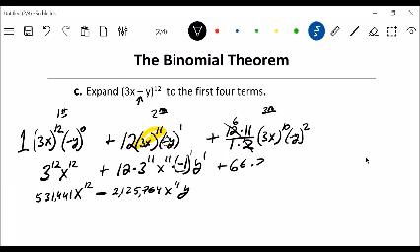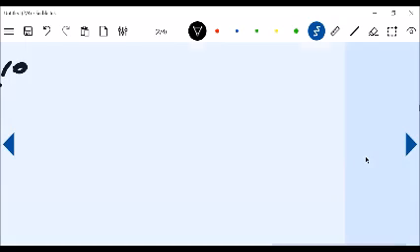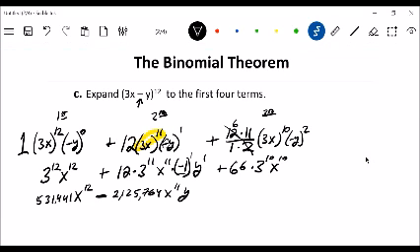So we're going to have 66 times 3 to the 10th, x to the 10th, but a negative y times a negative y will become a positive y squared. So in this case, the negative here will cancel out because it's being squared. So it's negative 1 times negative 1, and so you get a positive 1. So here we would multiply the 66 times 3 to the 10th power, and that comes to 3 million, and it's plus this time because that negative canceled out.